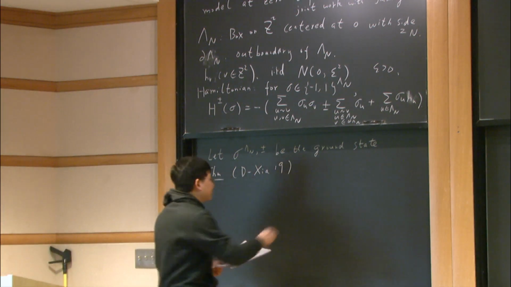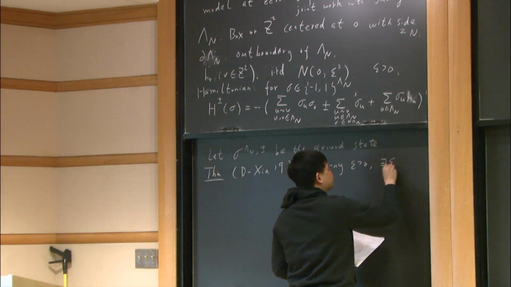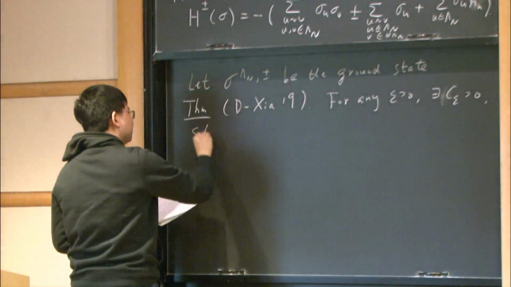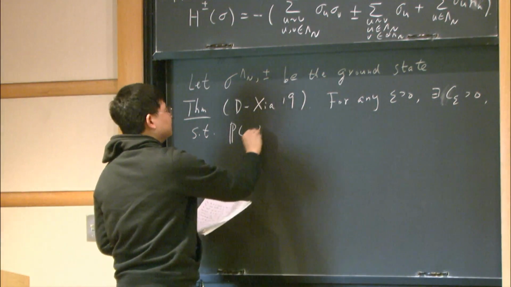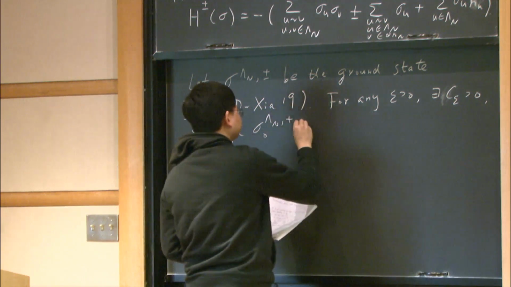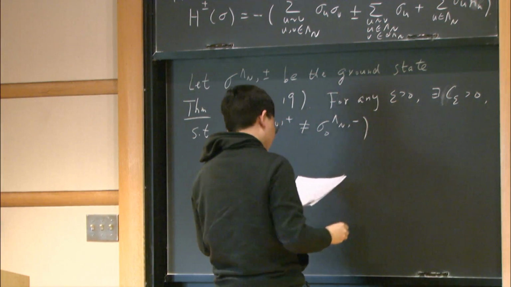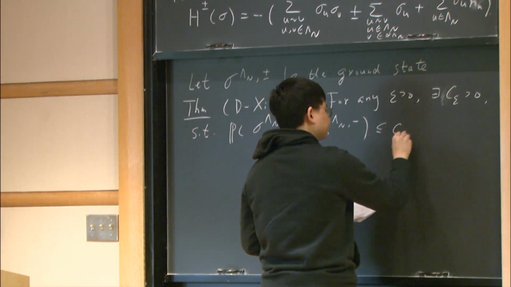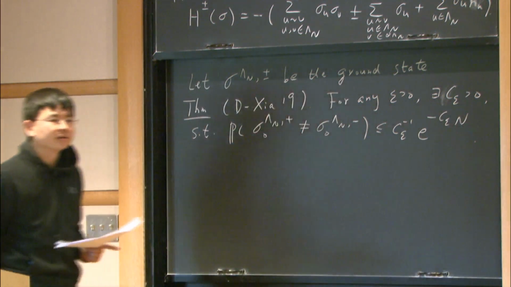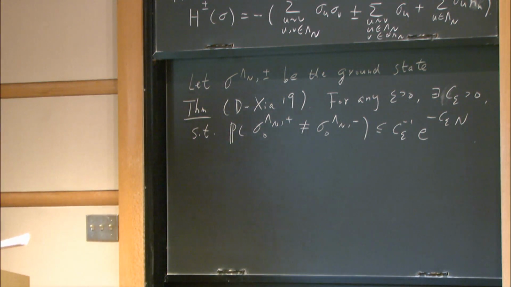The theorem says that for any positive epsilon there exists a positive constant C such that the probability that the ground states do not agree at the origin decays exponentially. And this implies that the spin correlations also decay exponentially.